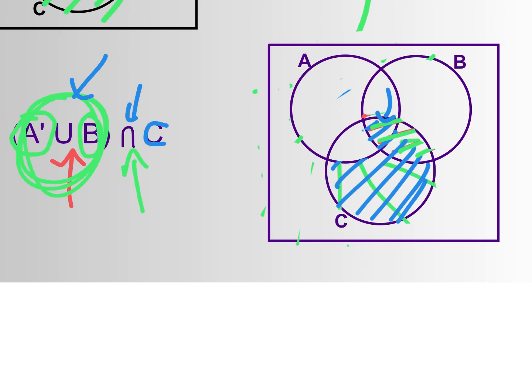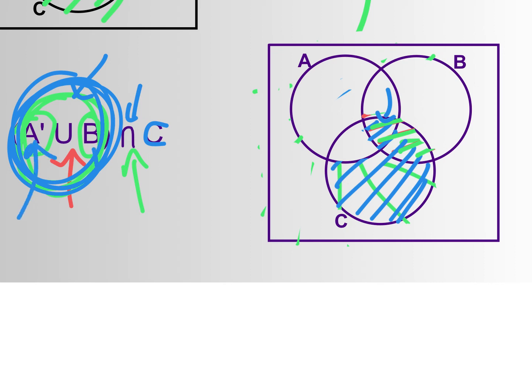Should the middle area have gotten shaded by this? You're making me think yes, but I just don't know why. So, do you agree that if it's a union, it could be shaded by either this or that? The not A or the B? Oh, okay, yeah. So that central area that got shaded by all three, that got included by the B. So it is in the answer.